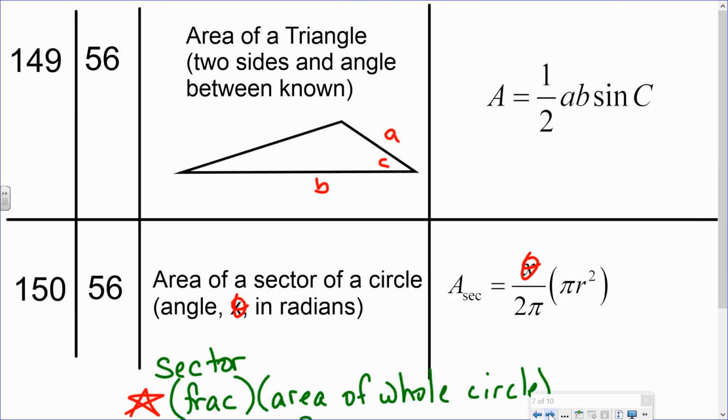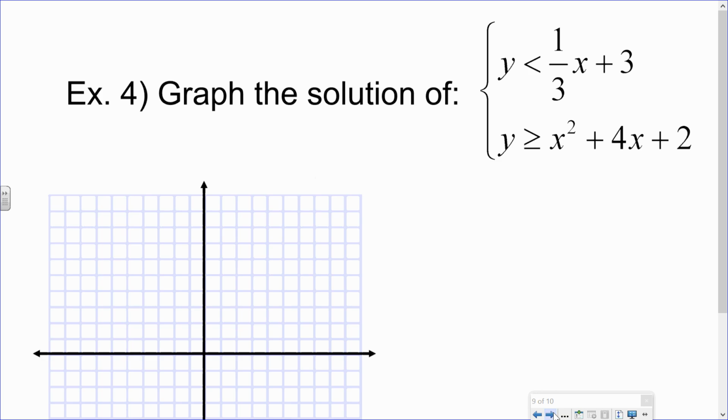Okay, let's graph a system of inequalities. So these are things with x and y. If these were equal signs, what shape is y equals 1/3 x plus 3? Louder. It's a line. What shape is y equals x squared plus 4x plus 2? So we have a line, and we have a parabola.